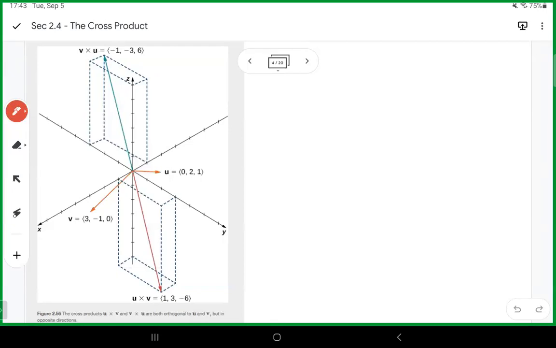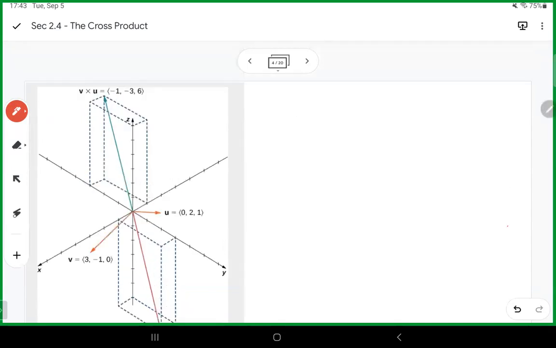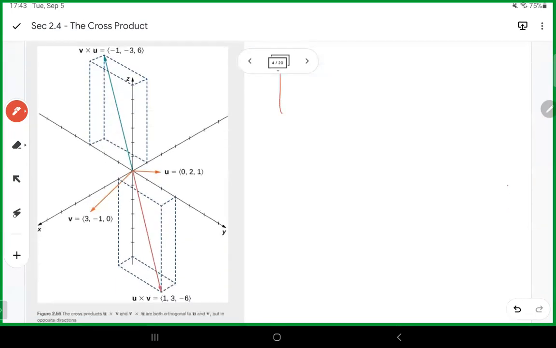When we talk about the vectors that we're used to talking about: i cross j, we'll have k left. j cross k will give us i. k cross i will give us j.